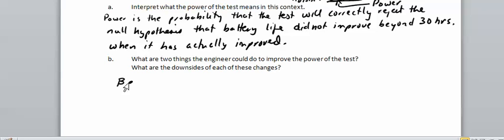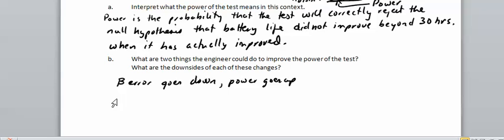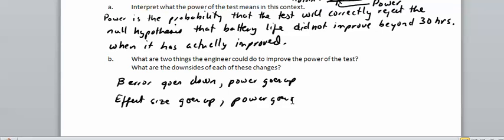As beta error goes down, power goes up. This is because power is equal to 1 minus beta.